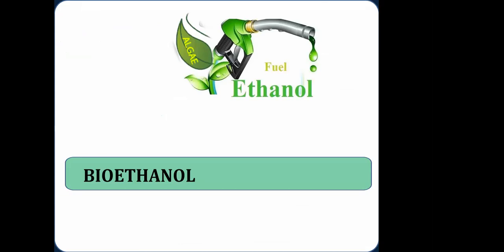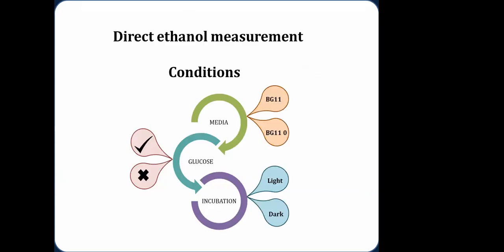Now come towards the third and last part of my research work regarding the production of the third type of biofuel, known as the bioethanol. And the same conditions were used which I used for the hydrogen: in the presence of BG11, in the absence of nitrate, with the presence or absence of glucose, as well as in the light and dark conditions.